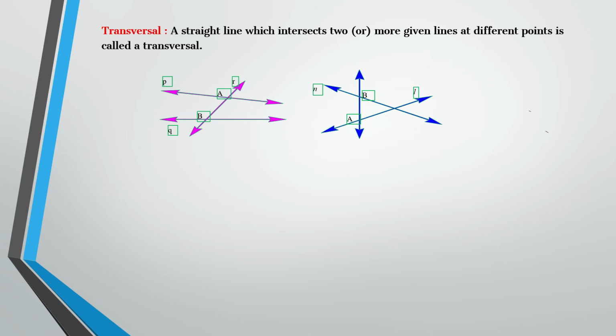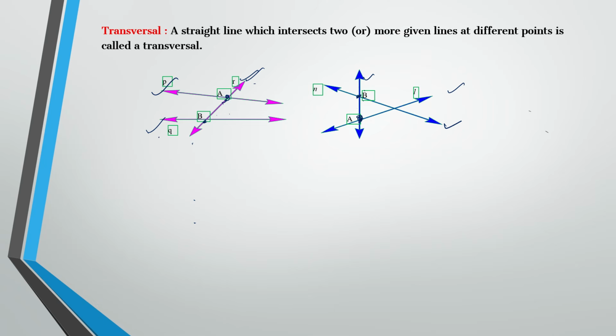If you take line P and line Q, and line R intersects P and Q at two distinct points A and B, then R is said to be the transversal. In the same manner, here are line L and line M, but a line N intersects these two lines at two different points. That's the reason this line is said to be the transversal.